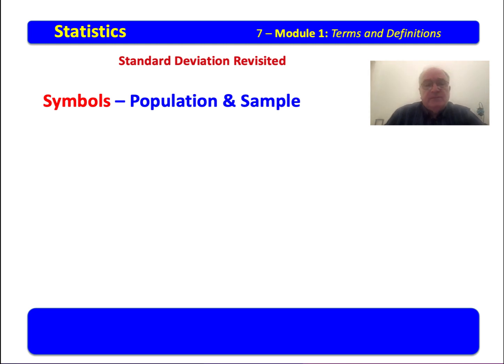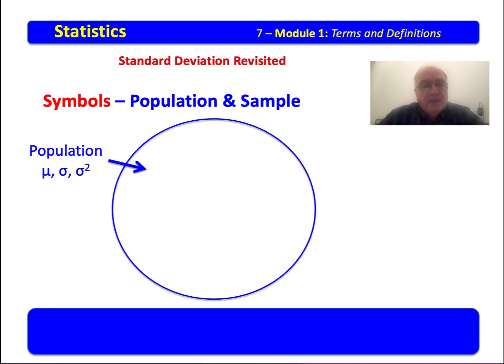Now, remember the symbols for population and sample. When we have a population, and that's represented by this circle, mu is the mean of the population, sigma is the standard deviation, and sigma squared is the variance. To get the variance, you just square the standard deviation. And I remind you that the variance comes from a time before the advent of calculators, when it was much easier to just not take a square root.